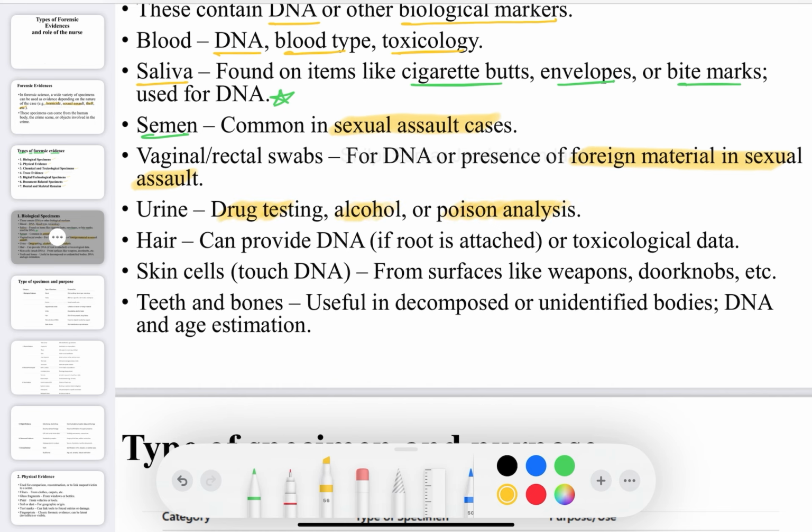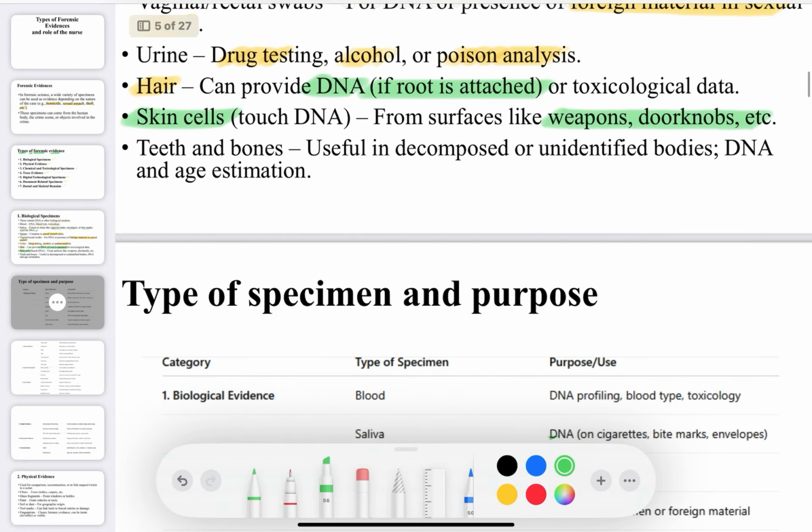So with the help of urine, we can find out drug testing, alcohol or poison analysis. Hair can provide DNA if the root is attached, or toxicological data. Skin cells give touch DNA from surfaces like weapons, doorknobs, etc. Teeth and bones are useful in decomposed or unidentified bodies, for example DNA or age estimation.